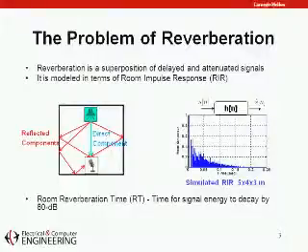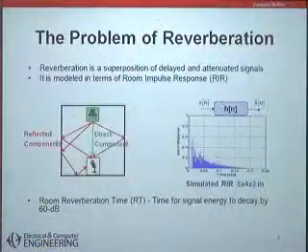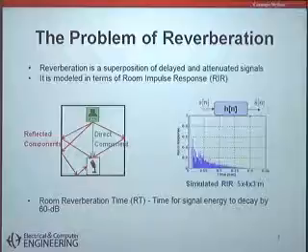Now, before going forward, I'll briefly show what reverberation is and how it impacts speech recognition accuracy. Reverberation can be thought of as a superimposition of delayed and attenuated signals. We can think of this as a rectangular room where the microphone will receive not only the direct component from the source, but the reflections off the wall, and then the reflections of reflections.